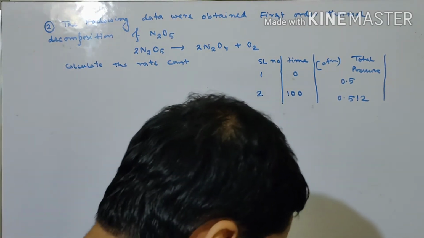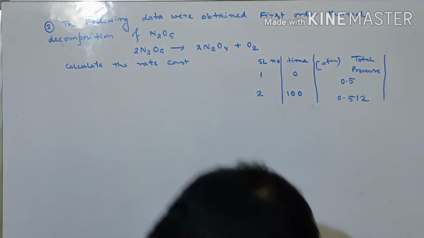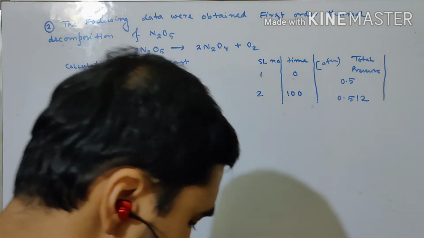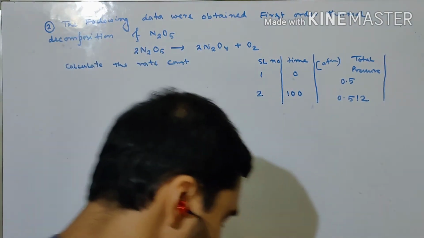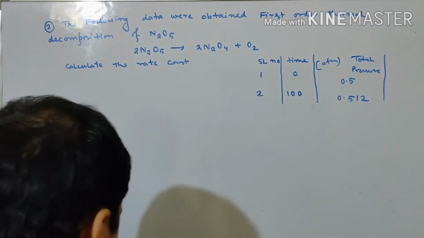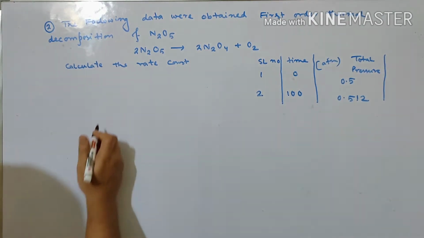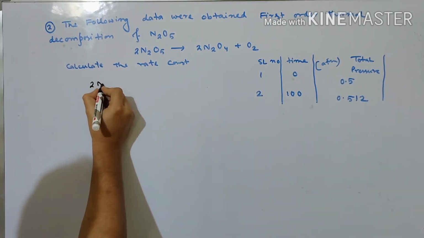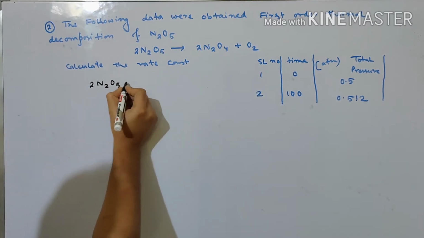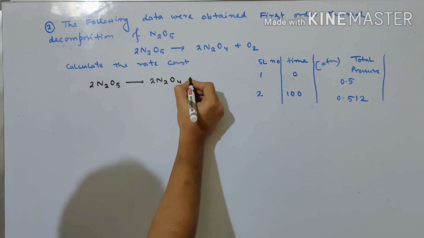A different type of problem needs a different approach. So here, let us first understand the concept carefully. According to the question, if I rewrite this equation, N2O5 giving rise to 2N2O4 plus O2.